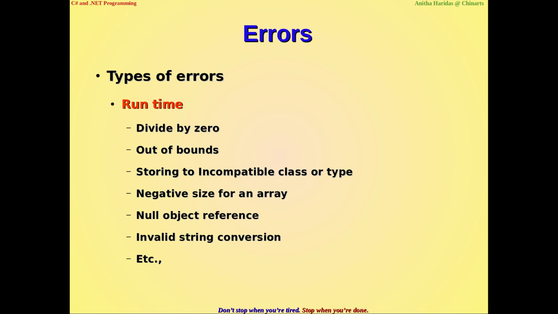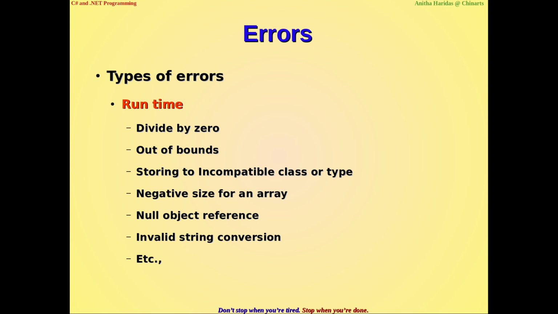If you don't want your program to get terminated abruptly, you should be able to handle those kinds of runtime errors also. So in your program, you have to identify the places where a runtime error may occur.